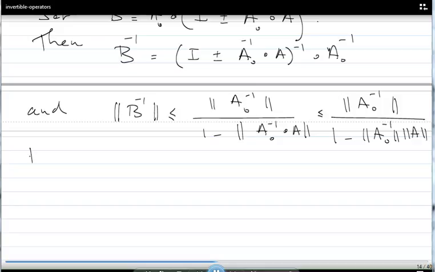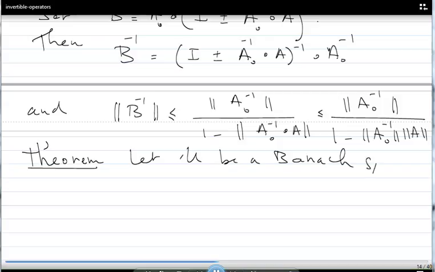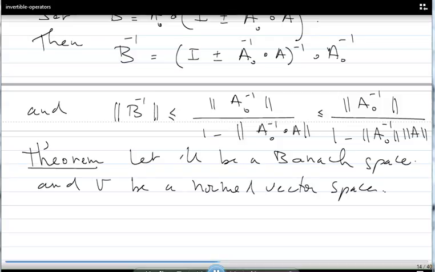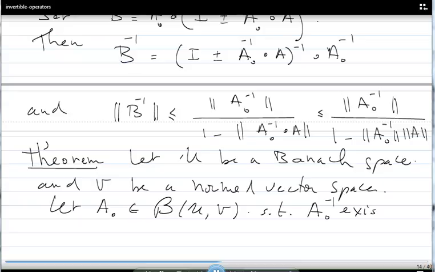Theorem. Let U be a Banach space and V be a normed vector space. Let A0 be in B(U,V) such that A0 inverse exists and is bounded.